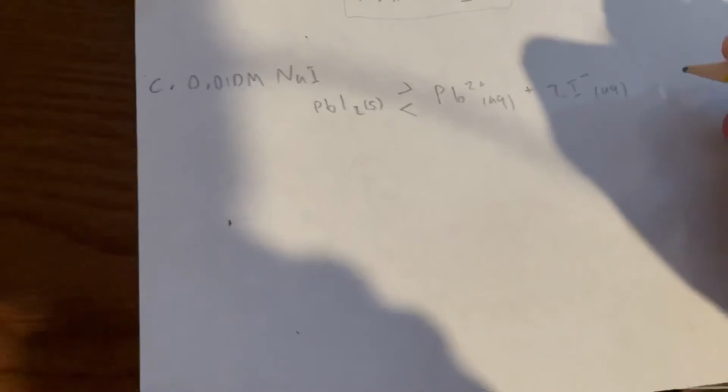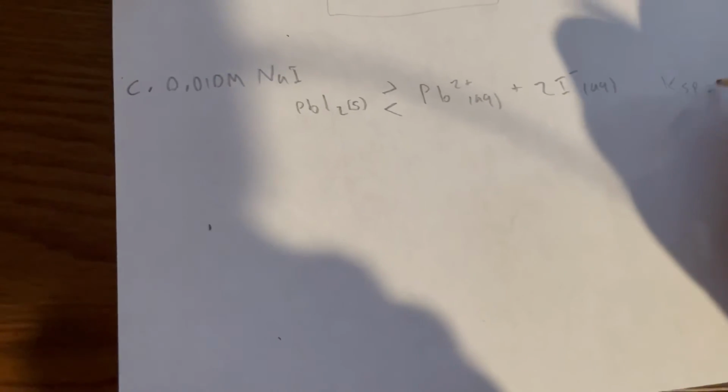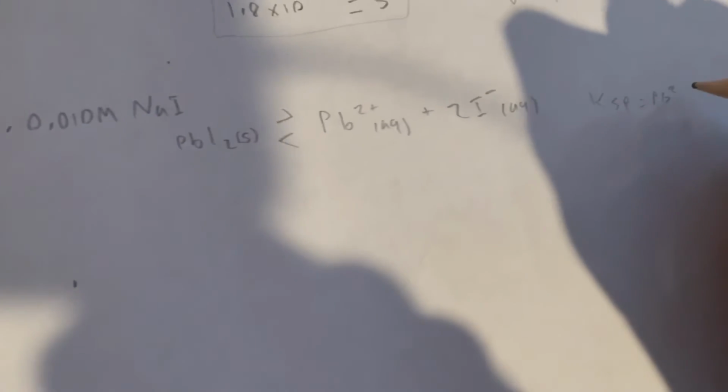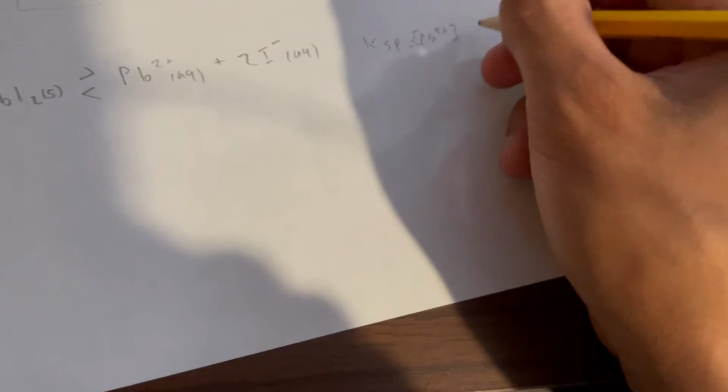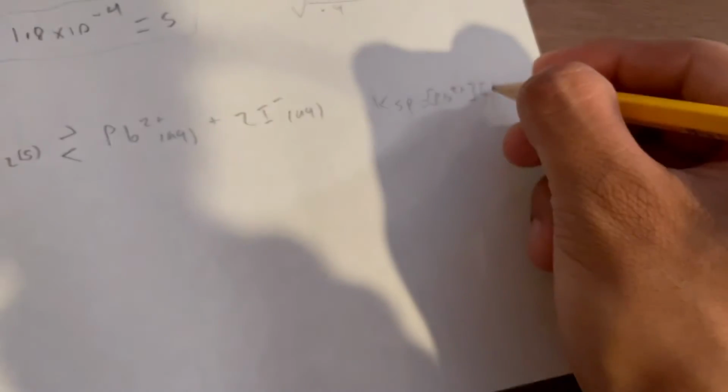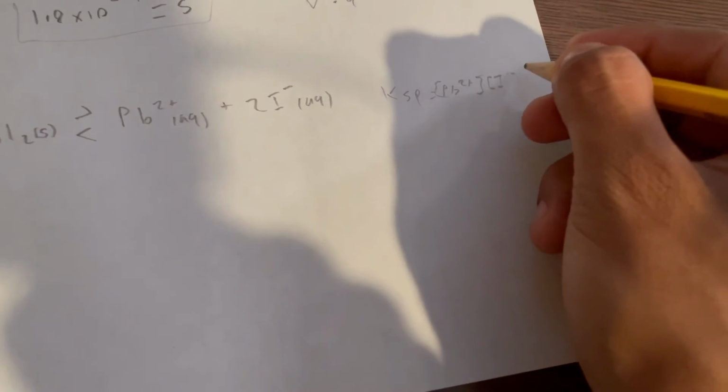All right. So Ksp is going to be the same. Ksp equals the concentration of Pb2 plus times the concentration of I minus squared.